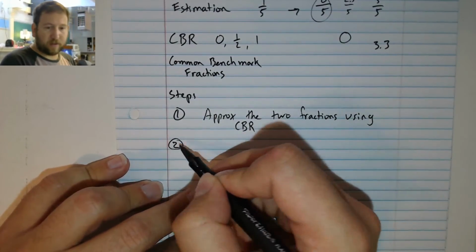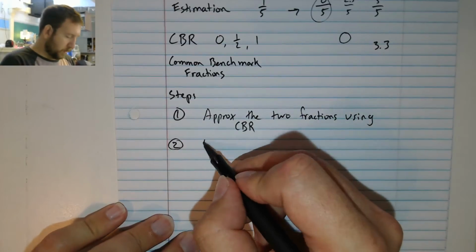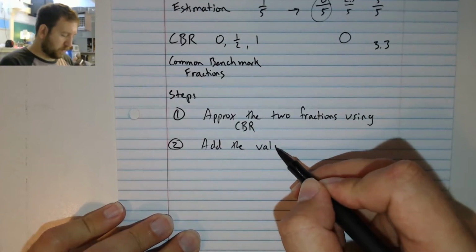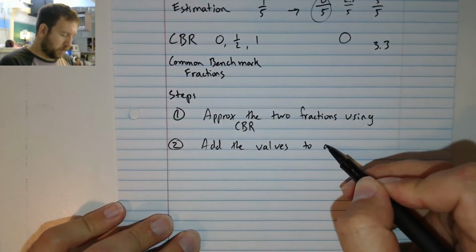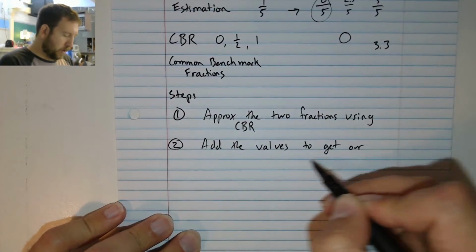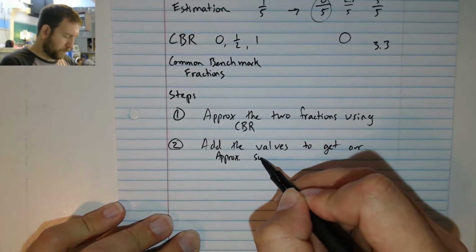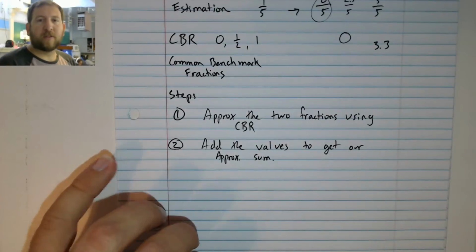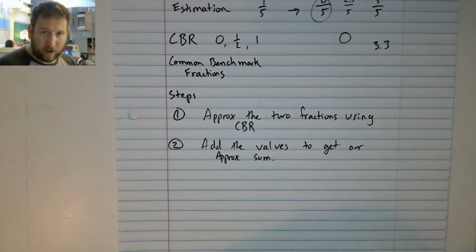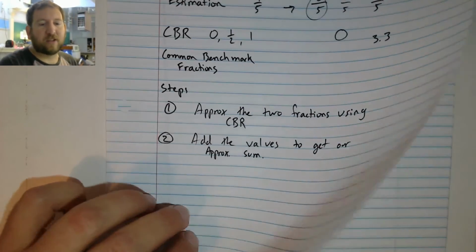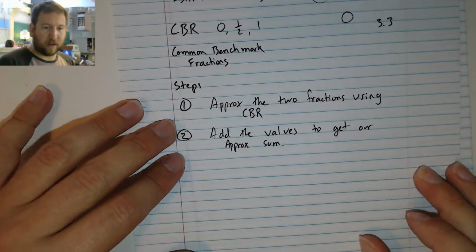And then step 2 is simply to add the values to get our approximate sum. So remember, when we do this, we're not finding what they actually equal when you add them together. We're just finding what you estimate them to be, which is useful for visualizing in our head and getting the general idea of what these look like. So let's do a quick example.